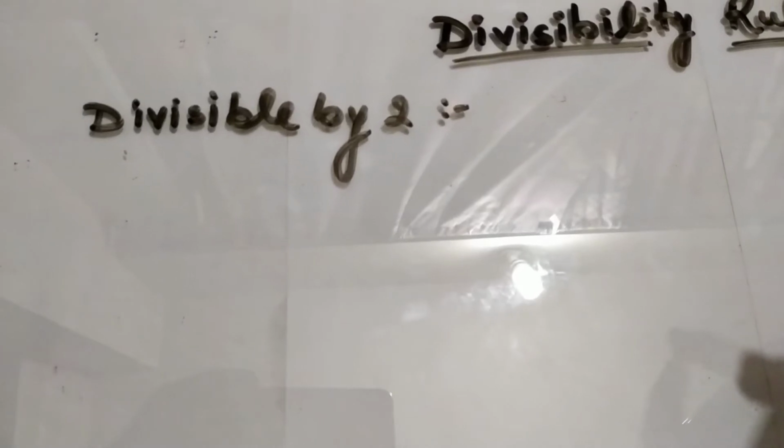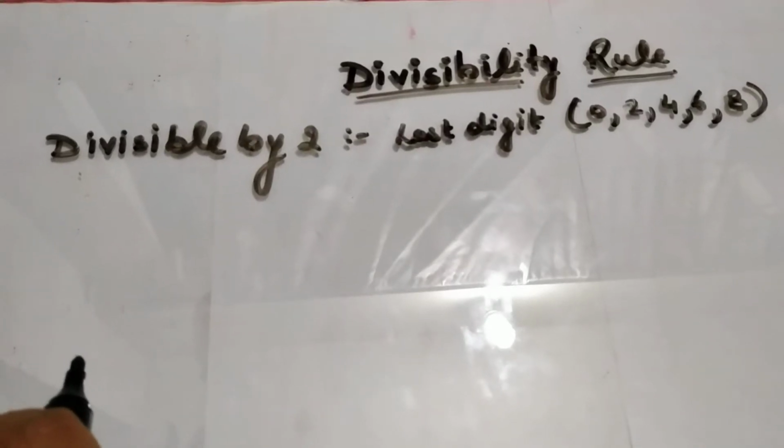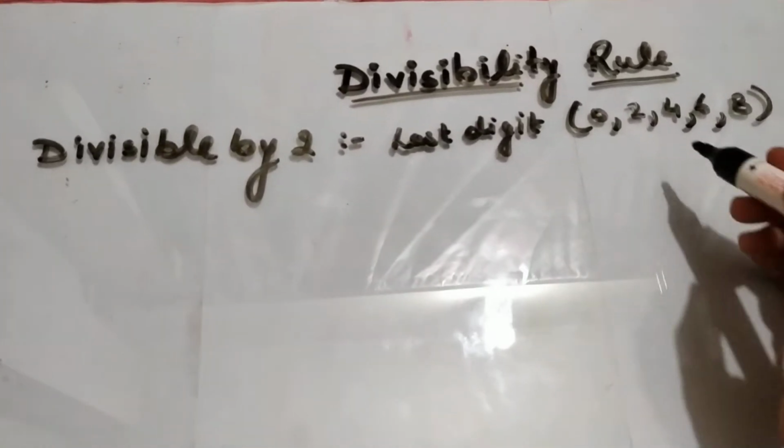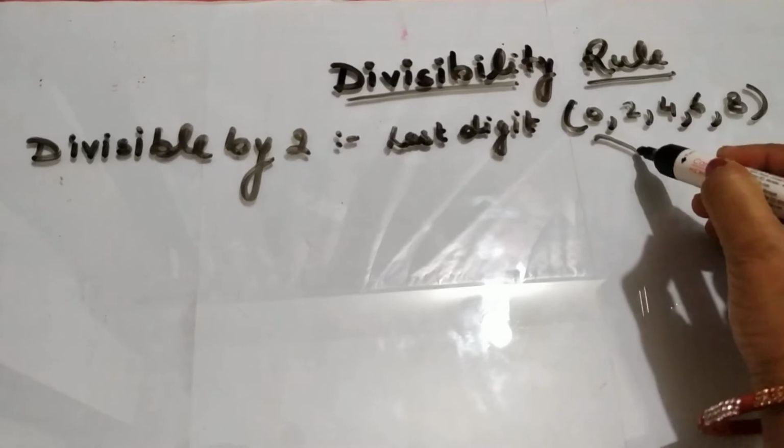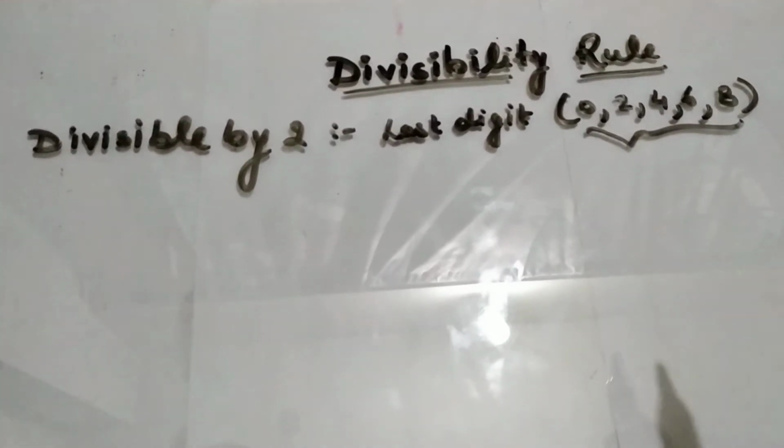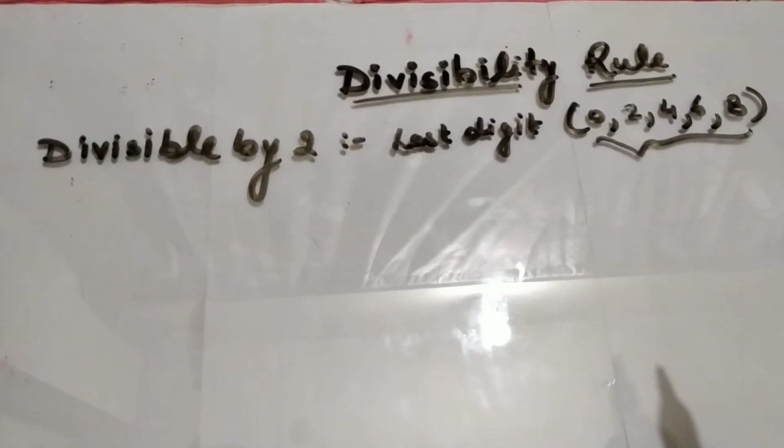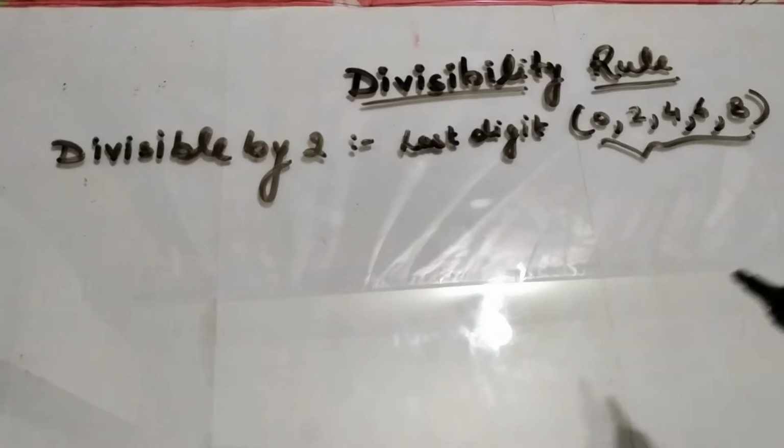A number is divisible by 2 if the last digit or unit digit is an even number. Even numbers means either 0, 2, 4, 6 and 8. If the last digit of any number is one of these, then that number is divisible by 2.